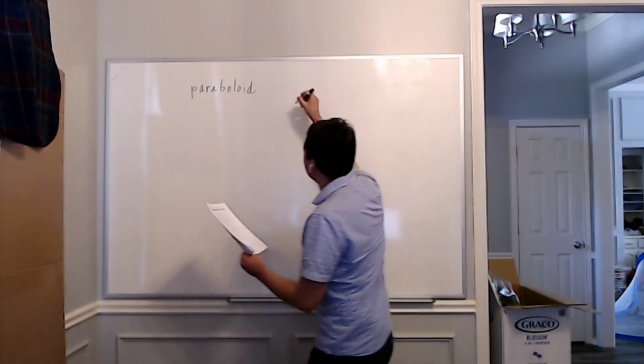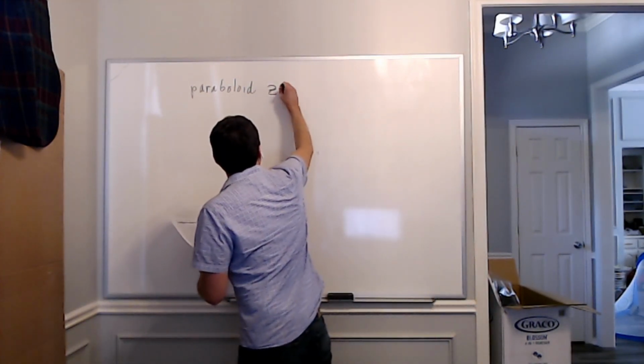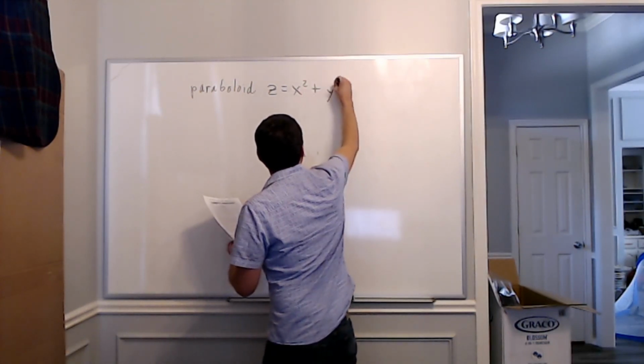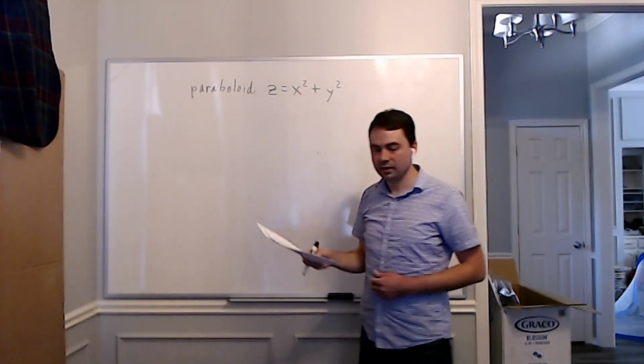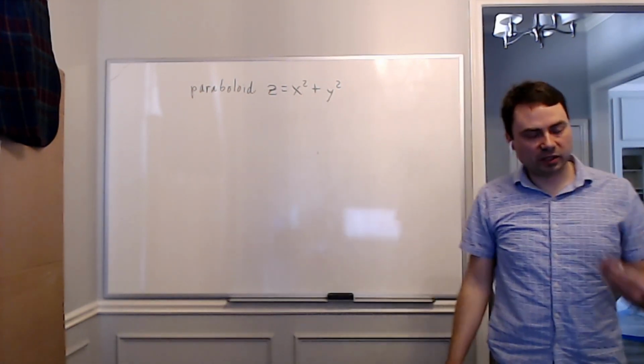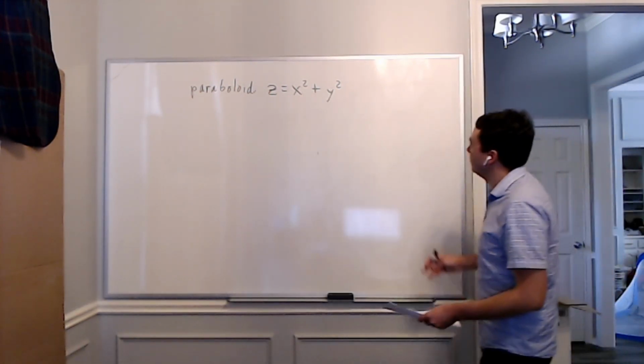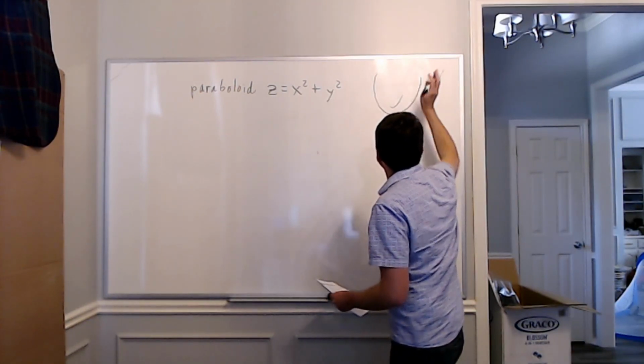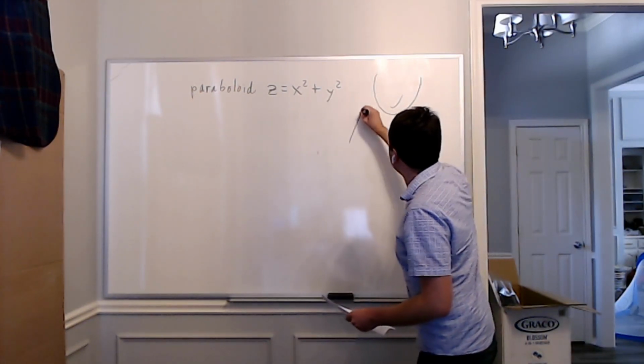Okay, so we're going to consider this paraboloid z equals x squared plus y squared. And what we're going to do is we're going to look at points in the plane. So generally a paraboloid is going to look something like this. And here is the plane below it.